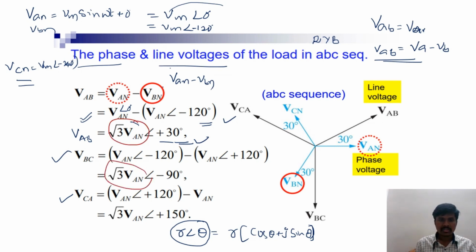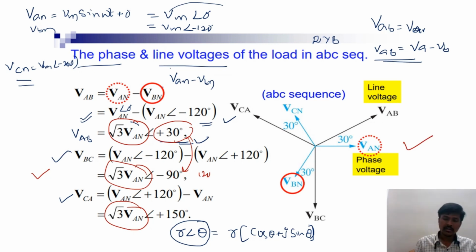And also the first phase is having plus 30 degrees, the next is minus 90, and the next is plus 150, each having 120 degrees displacement.